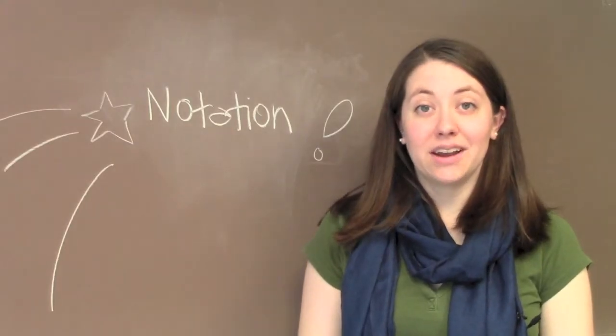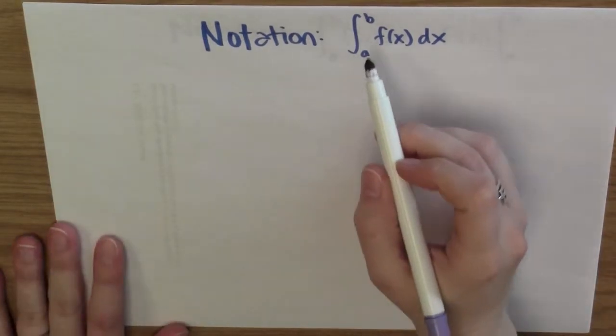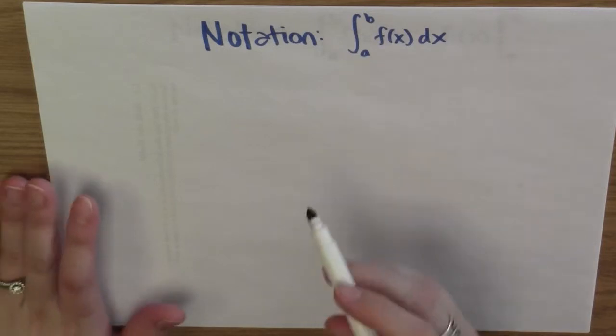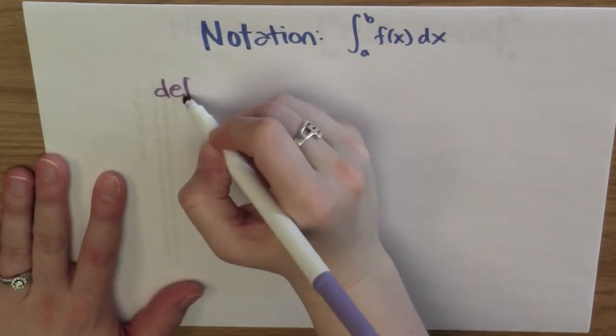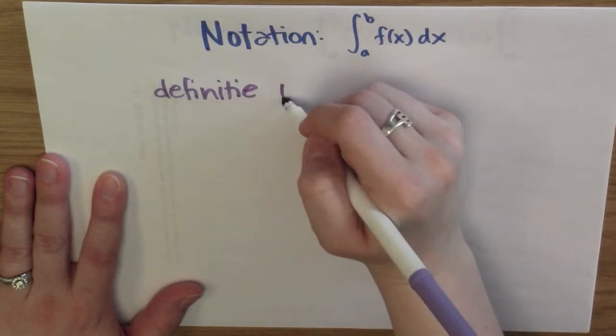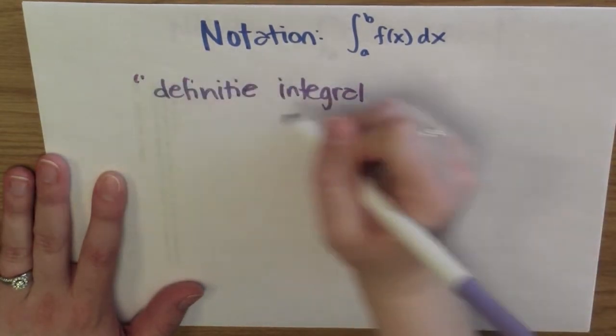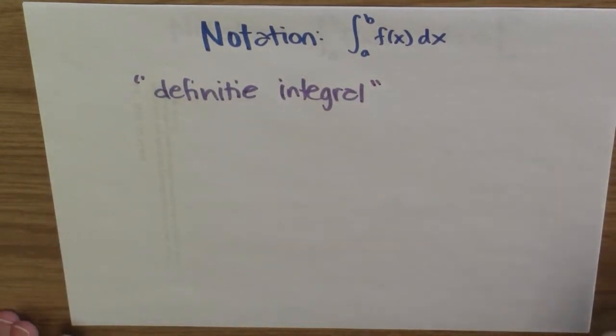Our next notation comes from week 11. This notation is really similar to the last one, except this one has an a and a b on our long s, right? This one is called the definite integral, as opposed to the last one, which is sometimes called the indefinite integral.